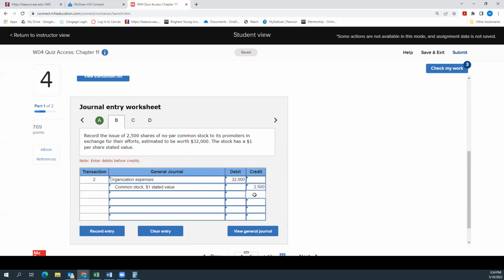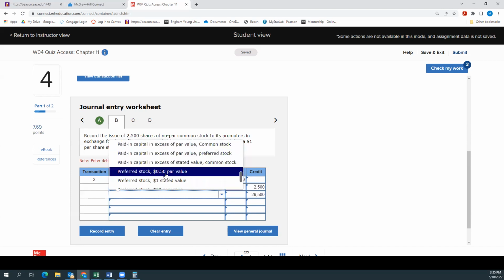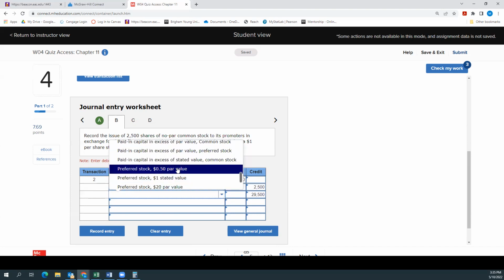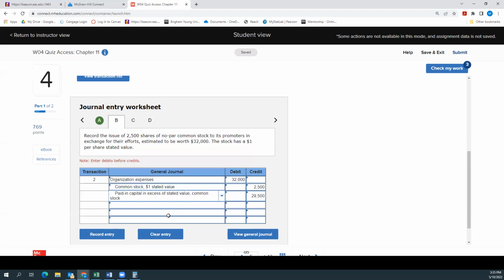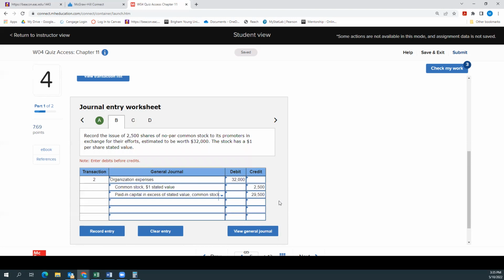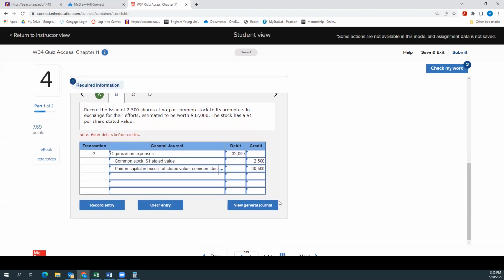And then the difference between 32,000 and 2,500, which should be 29,500, is just going to be called paid in capital in excess of the stated value of the common stock. There you go. So I'll record that entry.